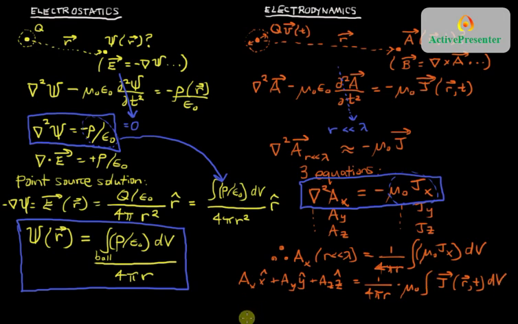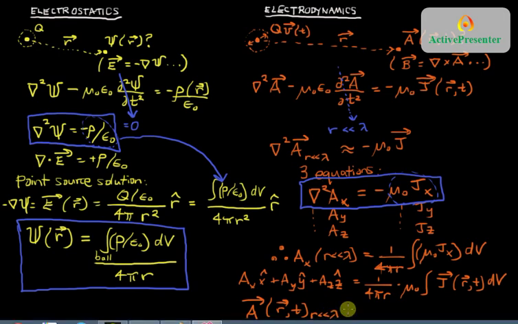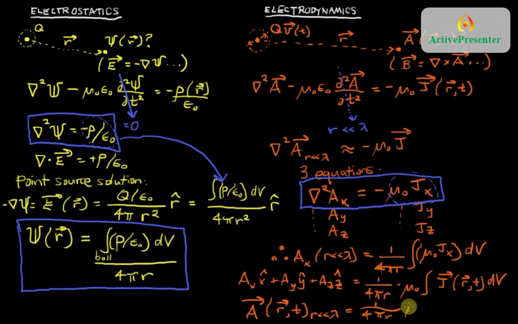And that lets me wind up with the following equation: the vector potential near the origin is equal to 1 over 4 pi r mu naught times the integral of current density dV.